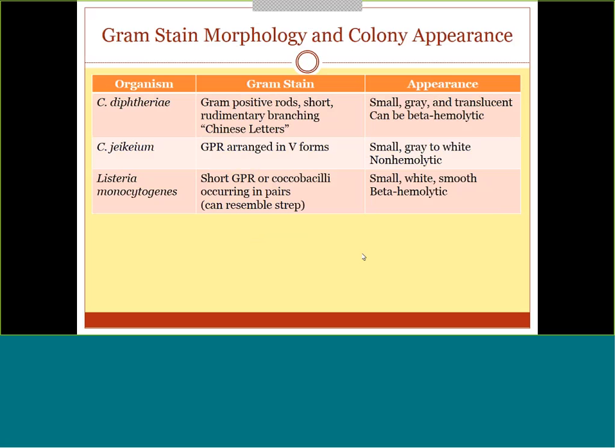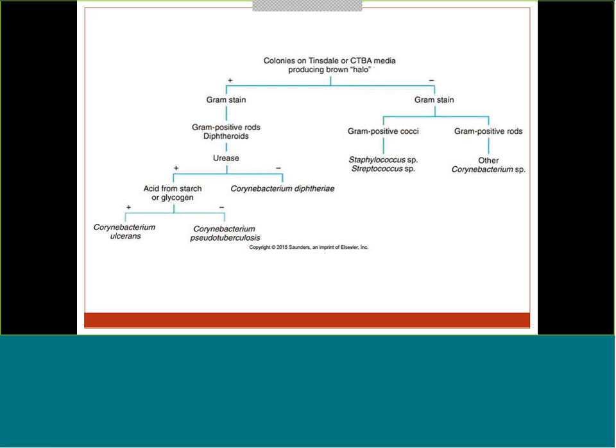So this is just kind of a note on the Gram stain, on the appearance, on the colony morphology. We've already discussed all this, but it's just kind of nice and summarized right here for you. And then a flow chart. We flow chart almost everything in the lab on how we work up. We've already discussed Gram-positive cocci flow charts lots. So this is just kind of a note on how you can perform a flow chart for Gram-positive rods.